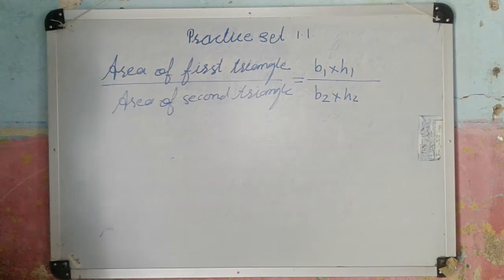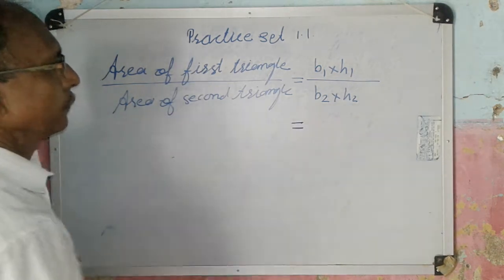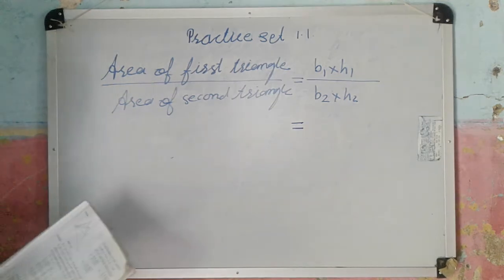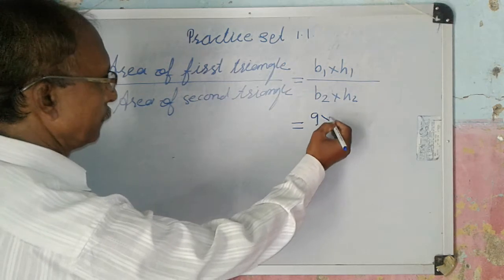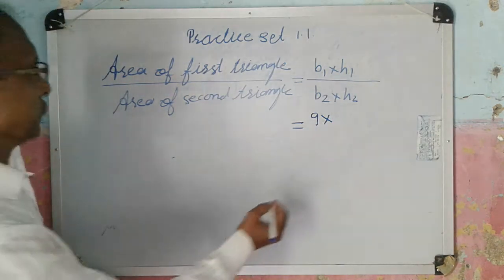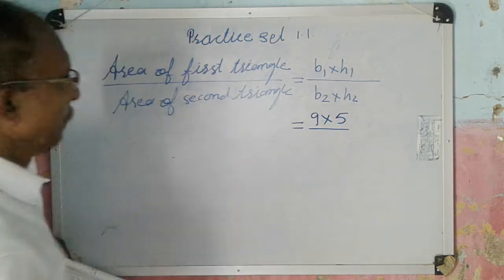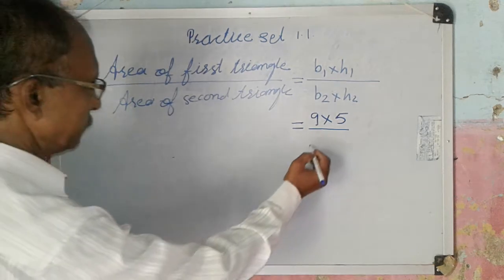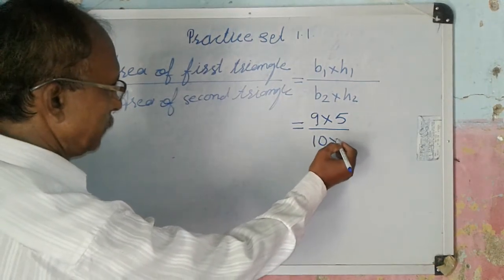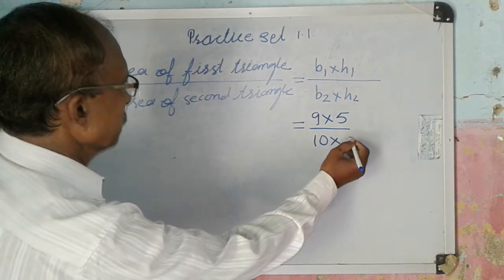Now we will put the values here. So base of first triangle is 9 into height of first triangle is 5 upon base of second triangle is 10 into height of second triangle is 6.